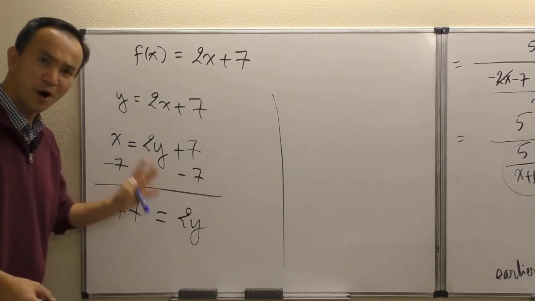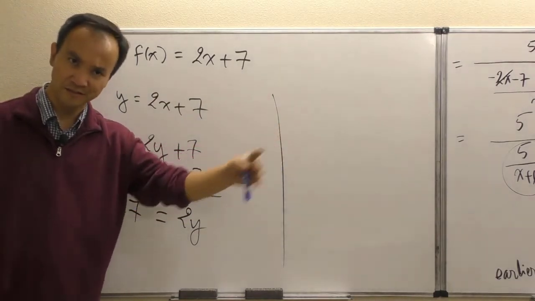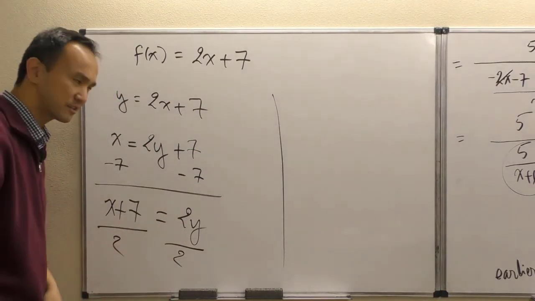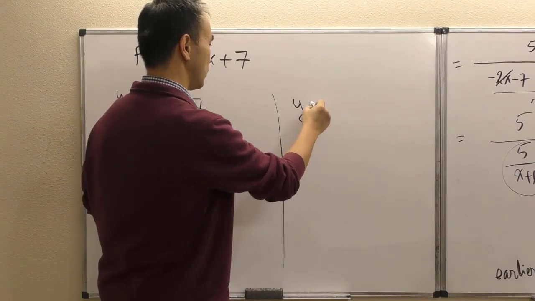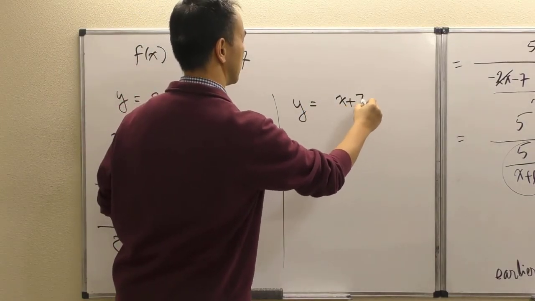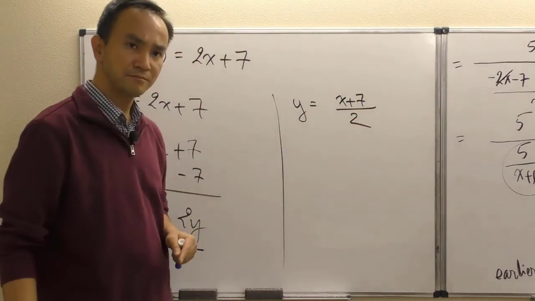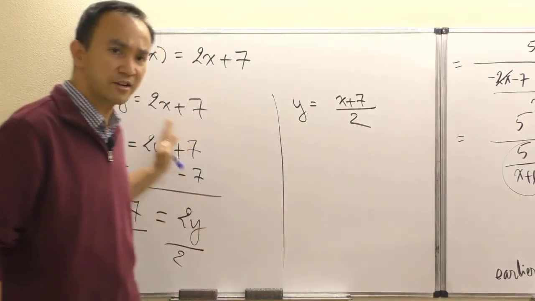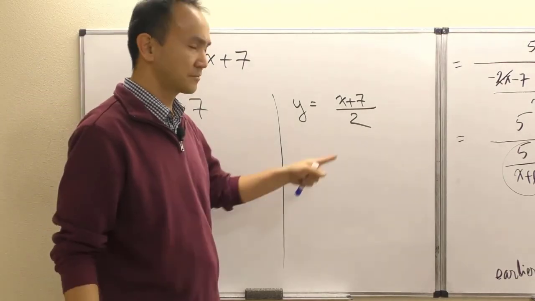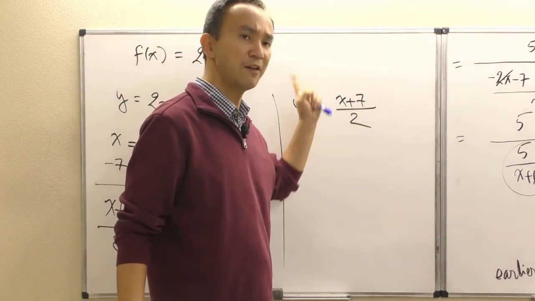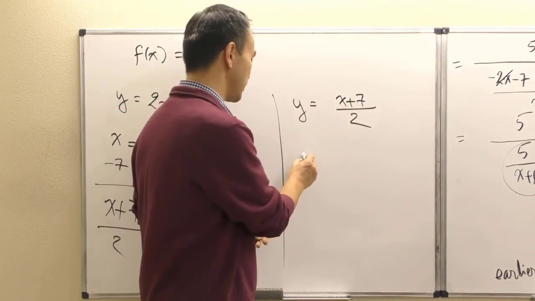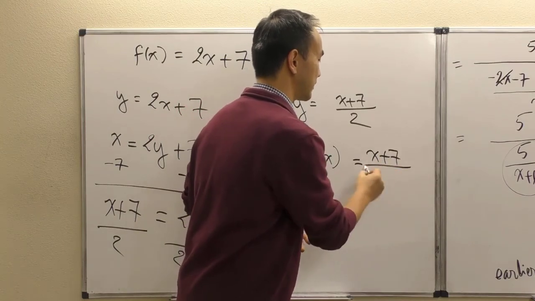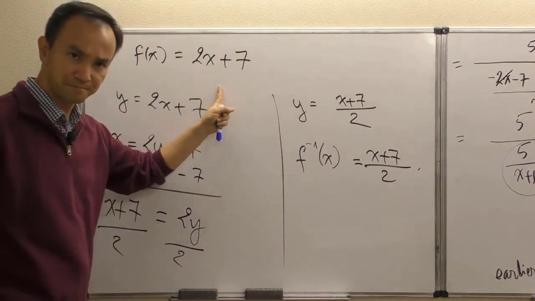From that point on, we led to further error, no matter how careful we were with the later steps. So we ended up with y equals x plus 7 over 2. Without anyone ringing a sign that we got an error somewhere in our steps, we start telling our mind to accept that this is our final f inverse, the inverse of this function.